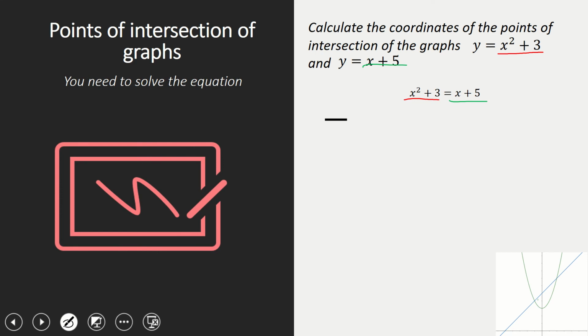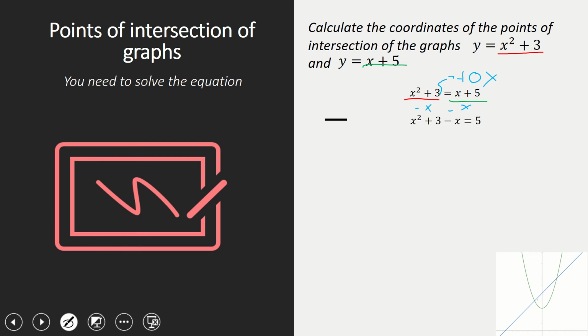Alright, now we need to solve the equation. So we want to have all letters and all numbers to the left. So I'm going to subtract, and I will use a different color, minus x over here because I want it to be 0. And what I do on the right side, I need to do on the left side as well. So I need to do minus x over here as well. Of course, there's a plus 0x behind this.